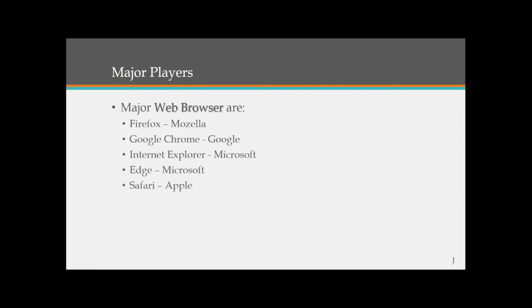We have Safari from Apple, and it's on all the Apple devices. We have one called Opera, and a new one that I just started using called Brave. And it seems to be the one that handles privacy much more elegantly. And one that we may have all started with, and I think is still out there, called Netscape.